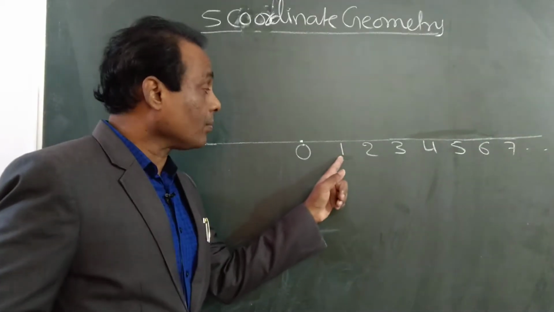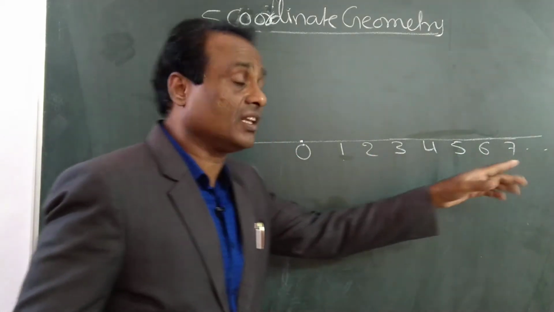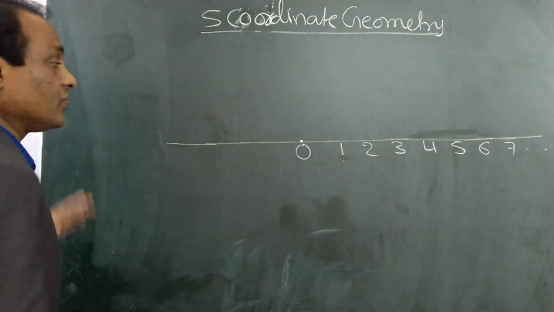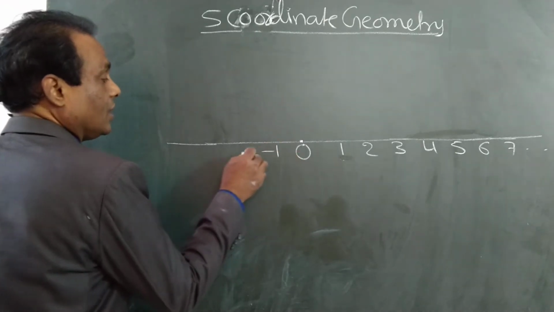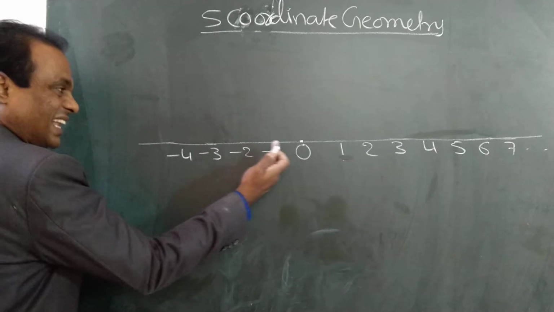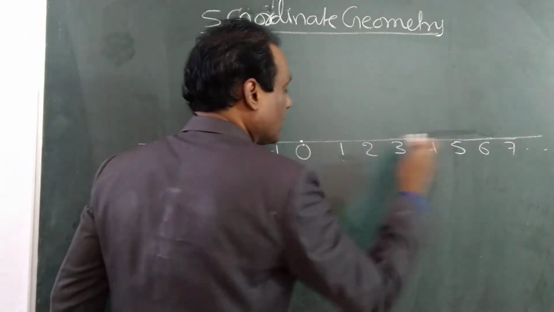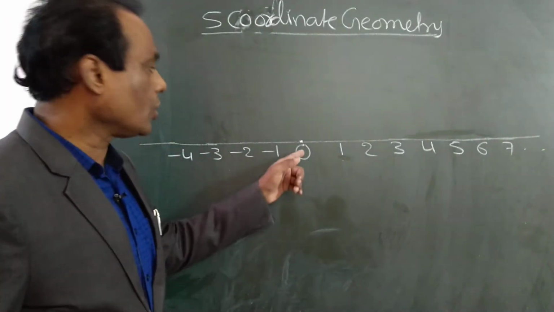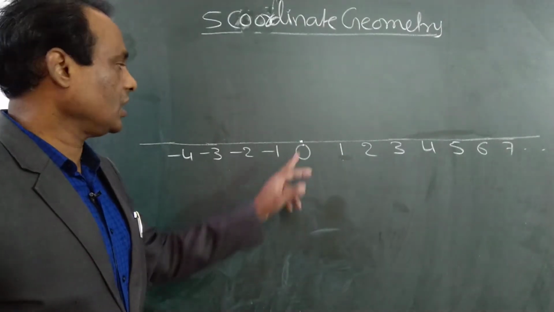On the left side of this 0 we take the negative numbers -1, -2, -3, -4, like this. Negative numbers, positive numbers, and in the middle it is 0. 0 is neither negative nor positive, it is neutral.